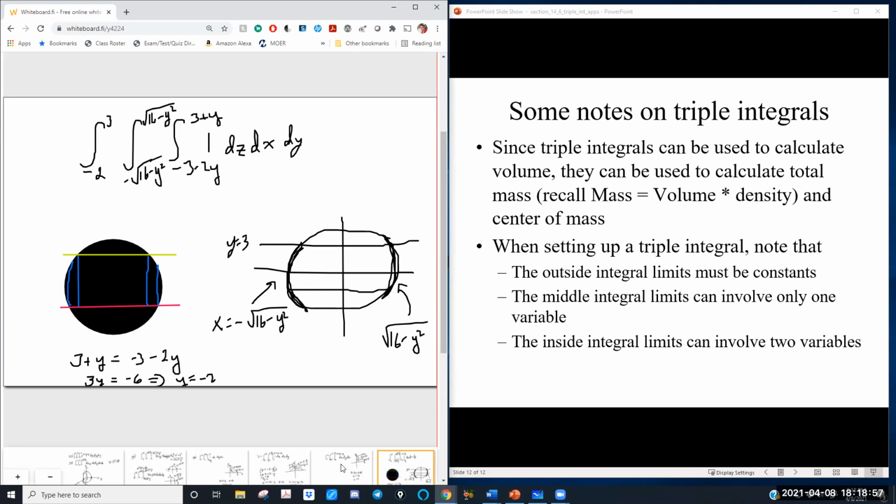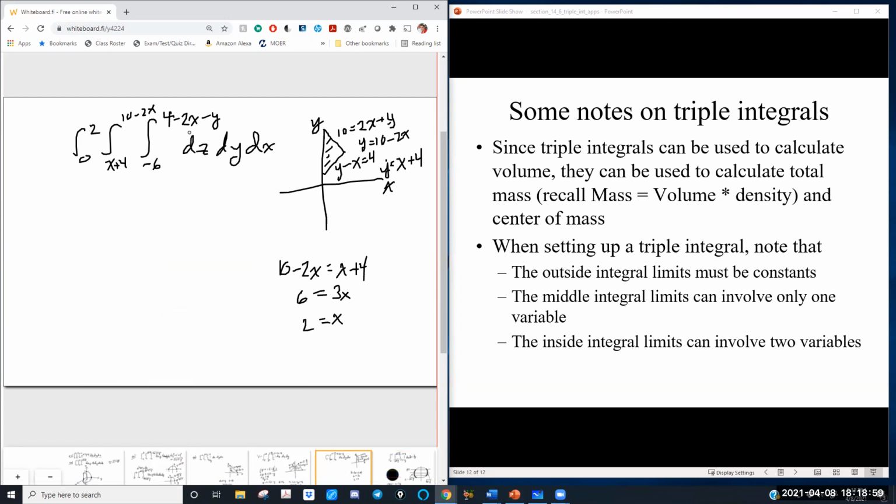It didn't happen on this one, but it happened on this one, right? Two variables on the inside, that's okay, because we're still going to integrate with respect to y and x. This one had one variable, x, that's okay, because we're still going to integrate with respect to x. So these are things you can use as checks when you're setting up these integrals to make sure that you're at least getting the right idea.